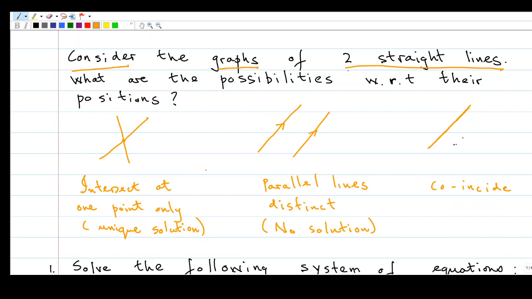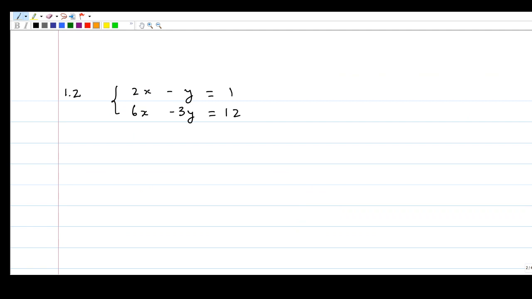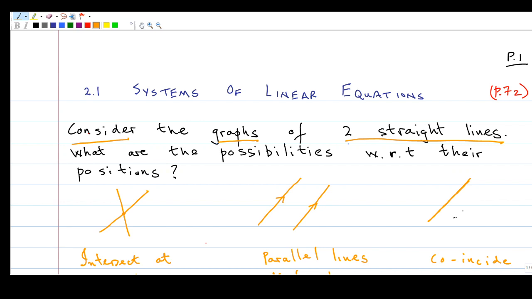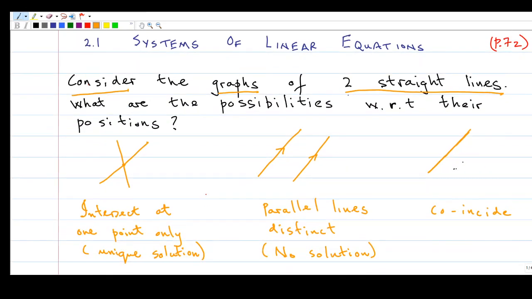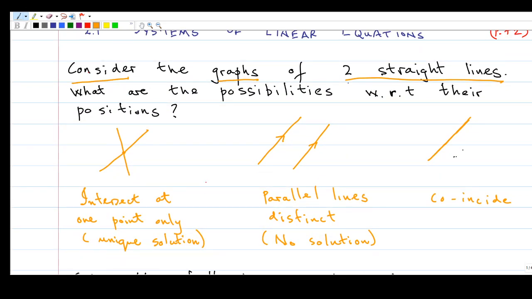The defining equations can be reduced to the same form. So in this case, you are going to get infinitely many solutions.